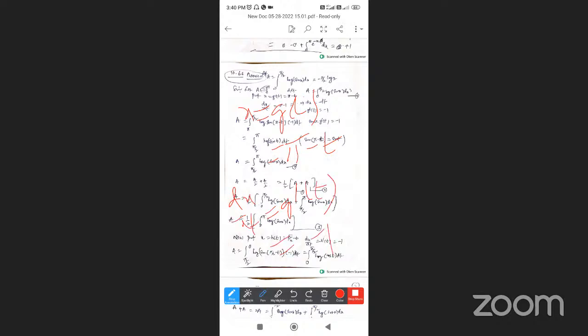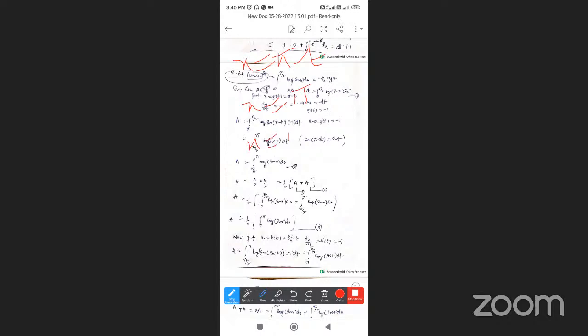Now the limits: t is equal to 0 as the lower limit, then x is equal to pi. And t is equal to the upper limit pi by 2.